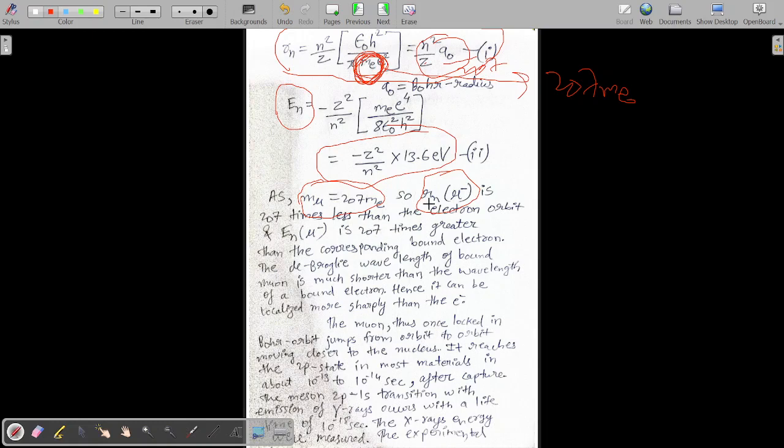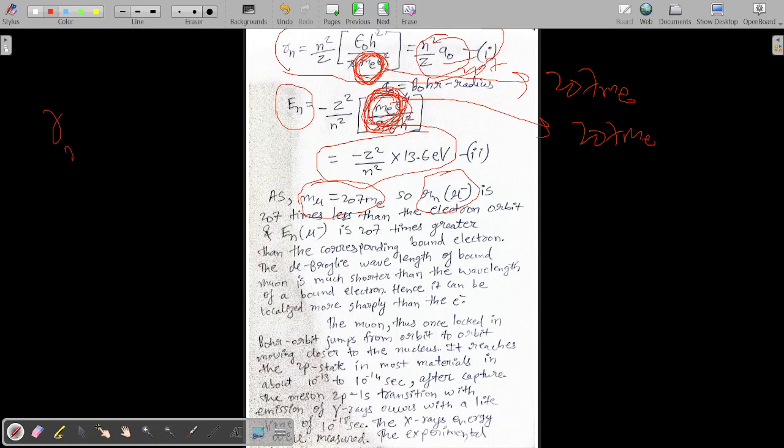So it is less than the electron orbit, so Rn will be 207 times less, and in the En value, that is the energy of the nth orbit, Me is in the numerator. So instead of Me we will have 207 Me, because mu minus meson has mass 207 times that of electron. So 207 Me will come in the numerator.